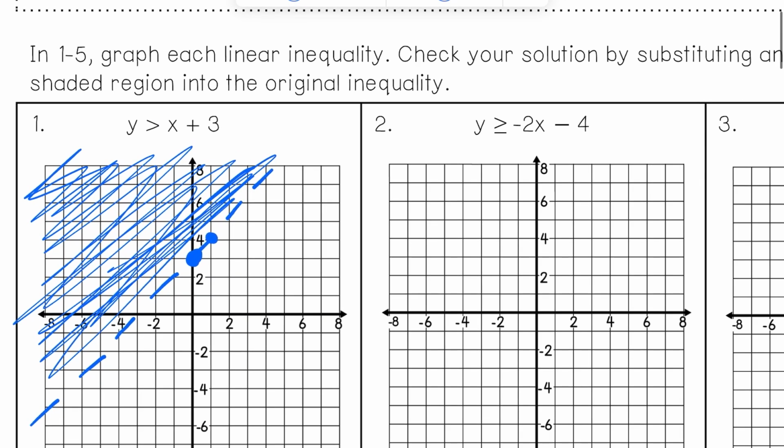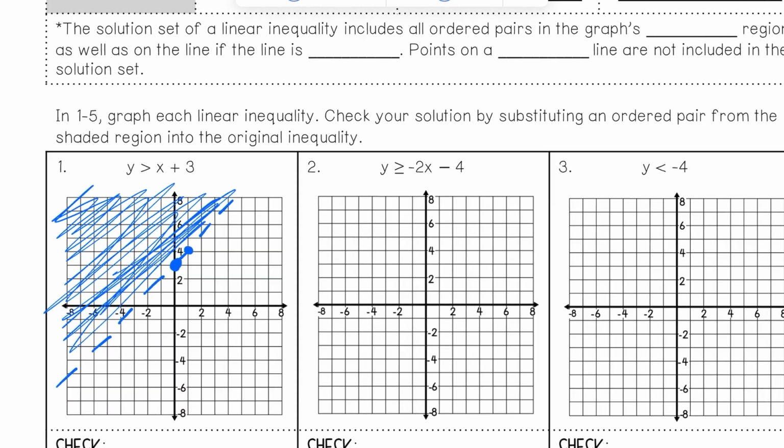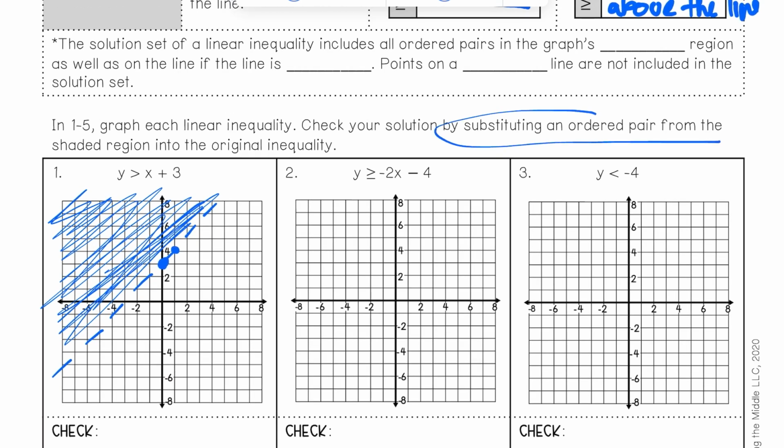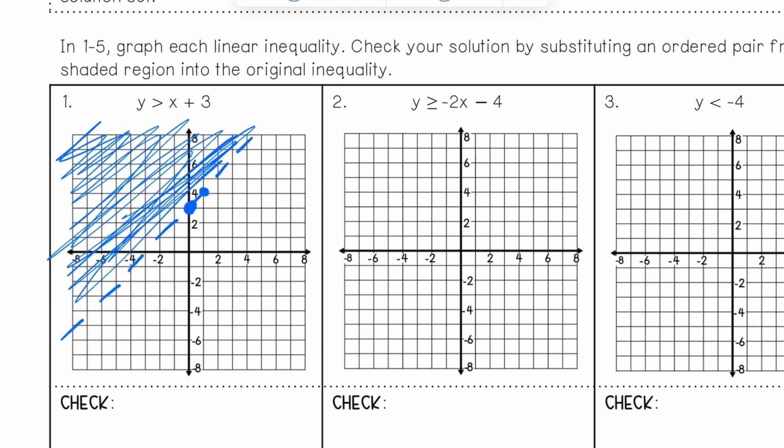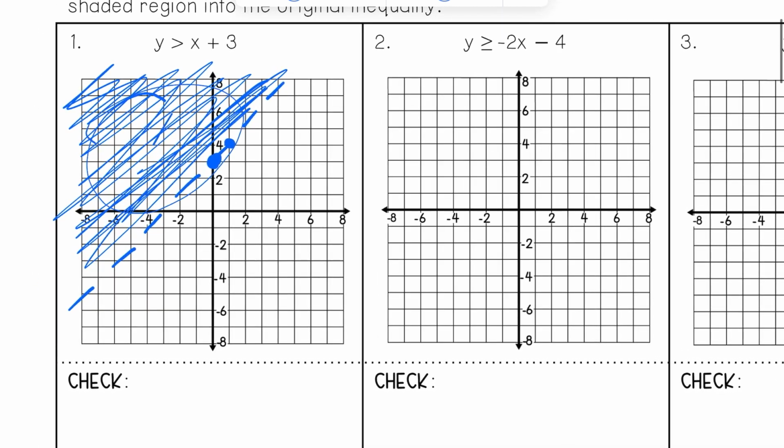It wants us to check with a number by substituting an ordered pair from the shaded region into the original inequality. So they're saying pick any point over here at all that you want and just make sure that it works. I'll do this point right here, whatever that is. So that's -4 and then 5.